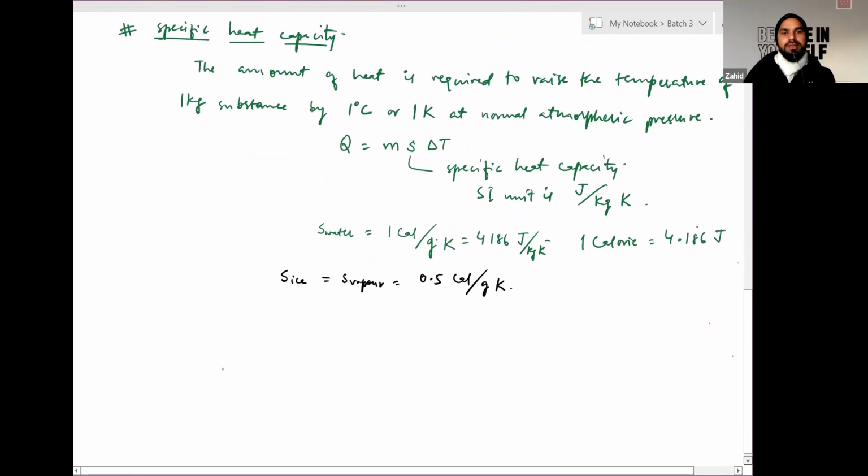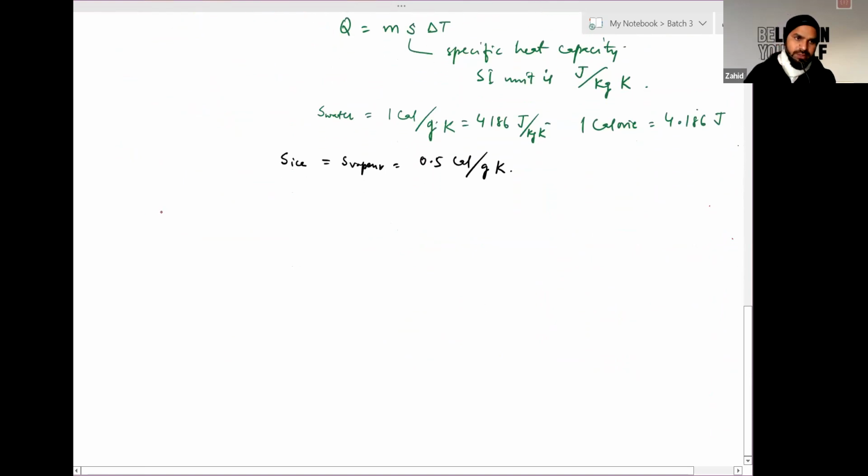Similarly, the third part is molar specific heat constant or capacity. This is defined only for gas.